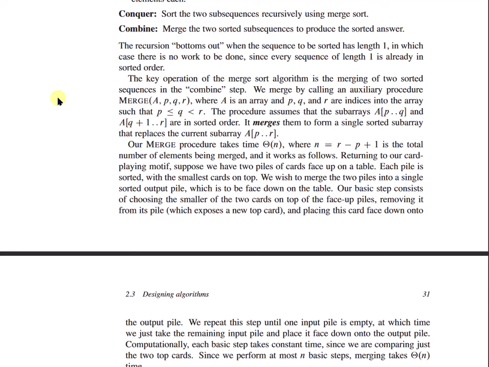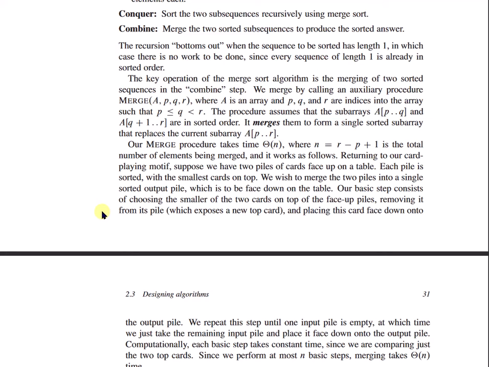Okay, our merge procedure takes time theta of n, where n equals r minus p plus 1. So r is this value, p is this value minus 1. This n is the total number of elements being merged.